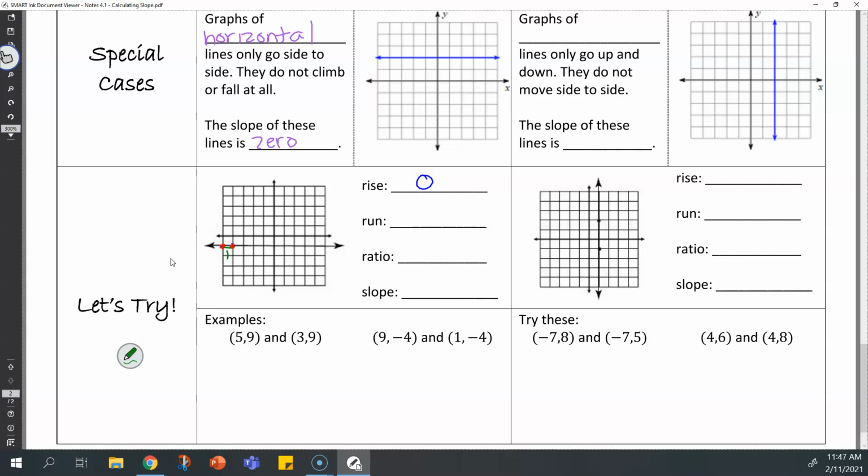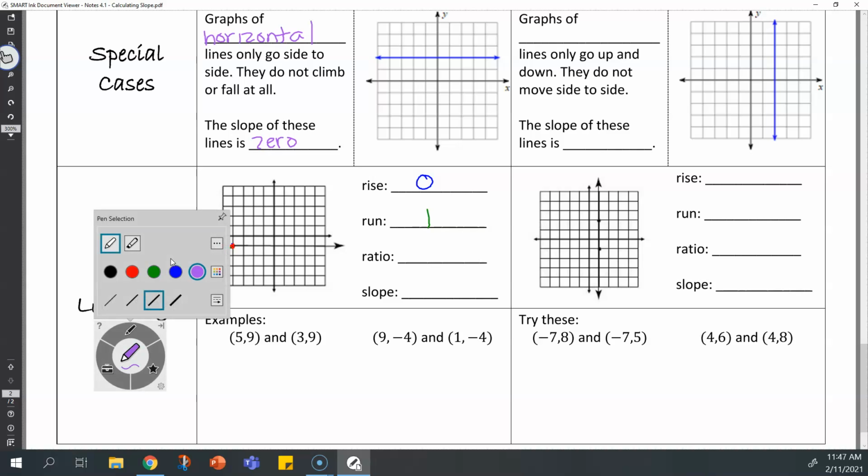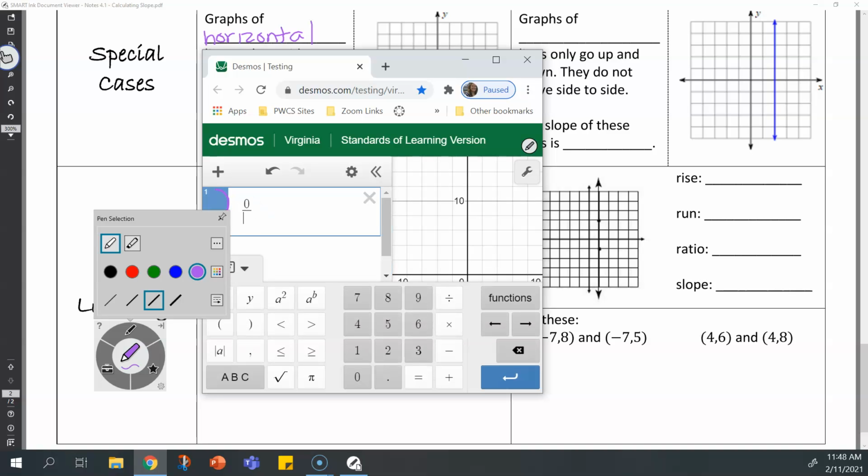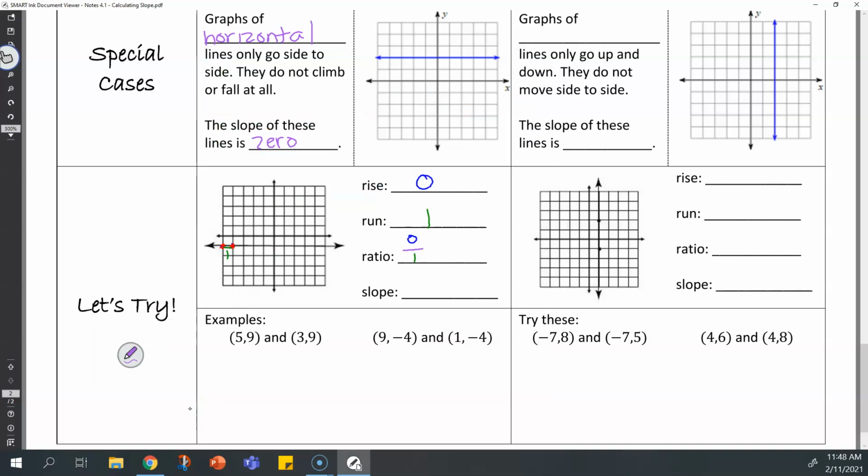I go 1 to the right. So when I write my ratio for my slope, I'm writing my rise 0 over my run 1. Okay, 0 over 1, and if I do this in Desmos, you'll see this as well. 0 over 1 is equal to 0. Okay, so when you reduce this down, you actually get 0 as your slope.